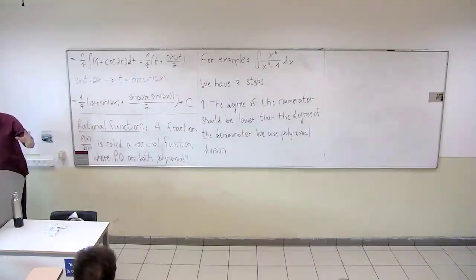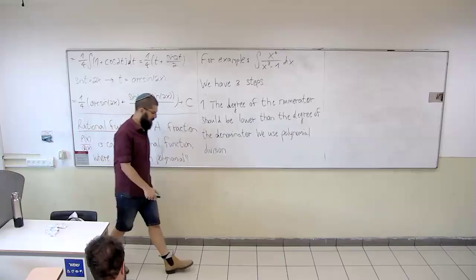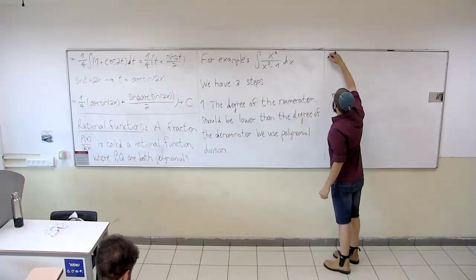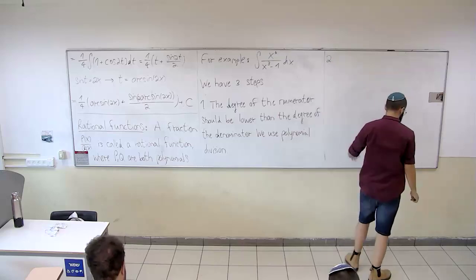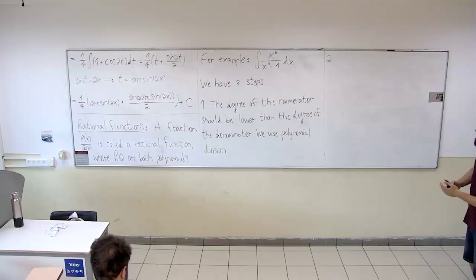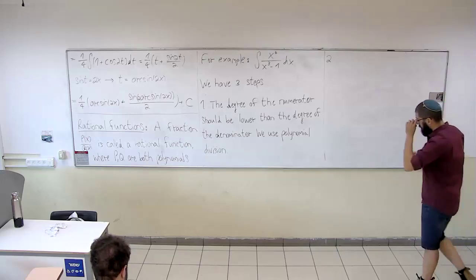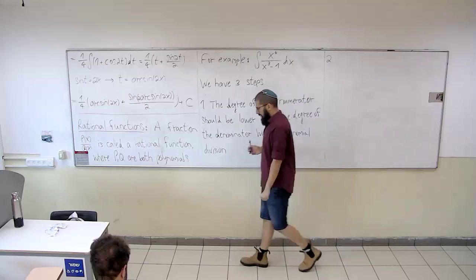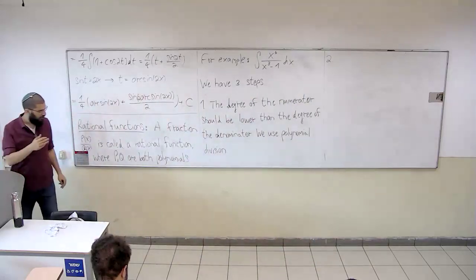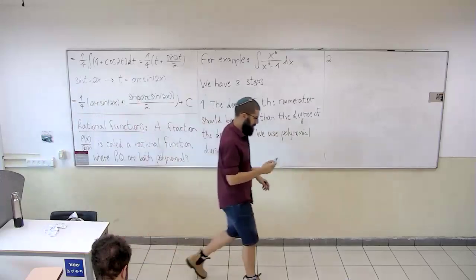I'm not assuming that you know it, so we'll explain it. For step 2, after you have the lower degree in the numerator, one can write the fraction as a sum of what is called partial fractions.